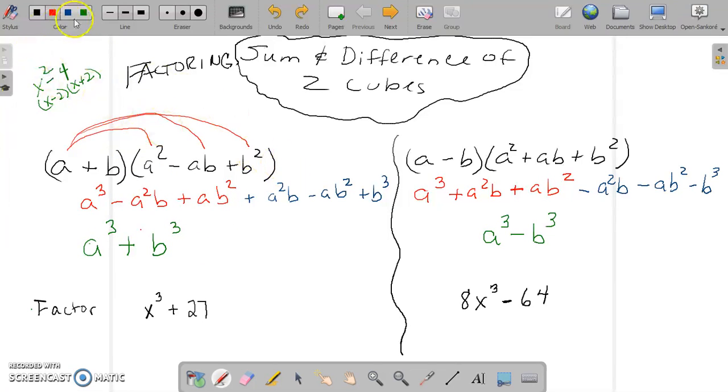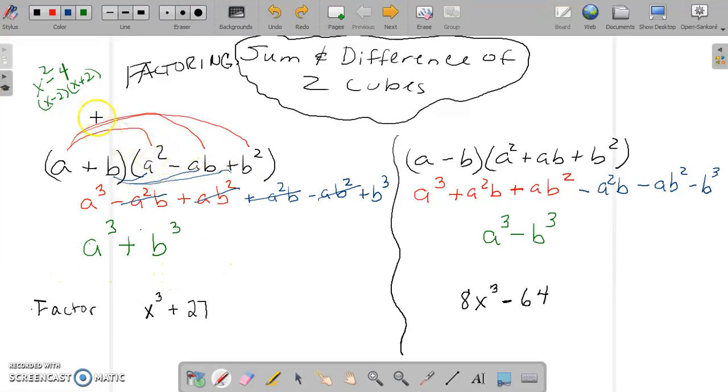And then in blue, that's when I multiplied the b times everything in the second trinomial. Now you'll notice that you have a negative a squared b here and a positive a squared b here, so those cancel each other out. You also have an ab squared and a negative ab squared, which cancel each other out. So you're left with a cubed plus b cubed.